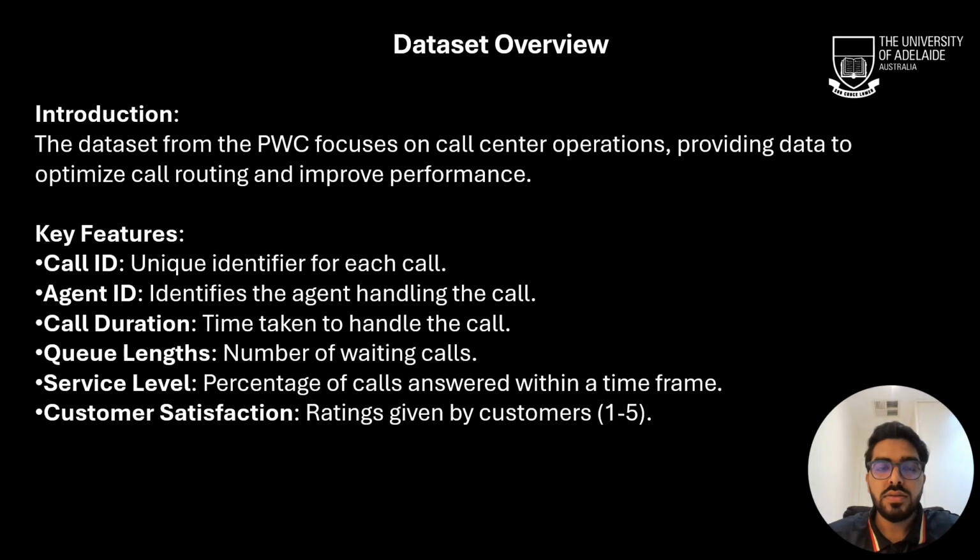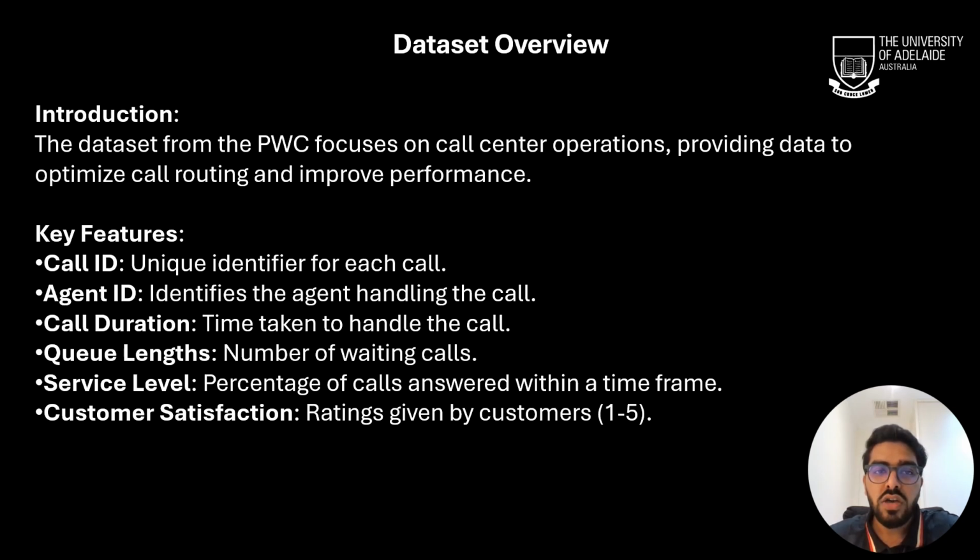This dataset is derived from PwC, which focuses on optimizing call center operations by improving call routing and agent performance. It provides valuable data for analyzing and refining the MDP model. Please note that this is a slightly modified version of the original PwC dataset.